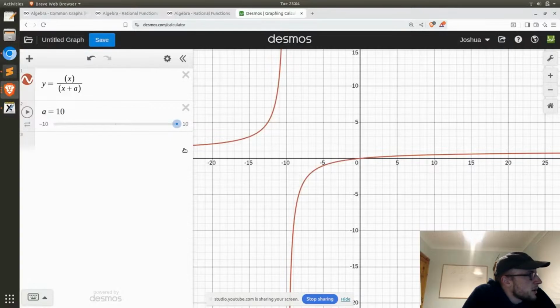Well, think about it like this. When you have something that is incredibly close to -10 for x, then the numerator just remains a good old whole number, but you're dividing it by something that's vanishingly close to 0.